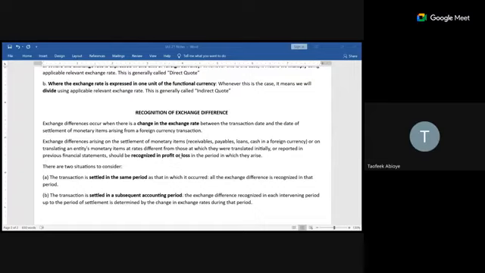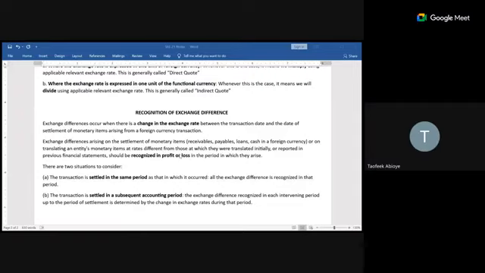Let me come back again. Monetary items are items that give you the right to a fixed amount of cash. So when it is a monetary item, there is an exchange difference.